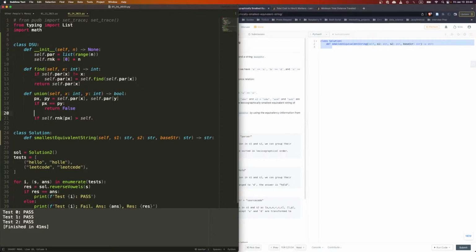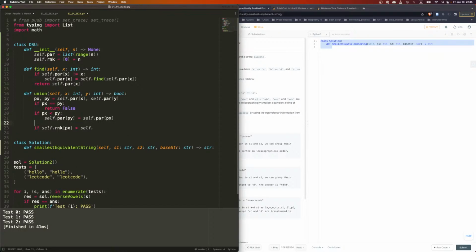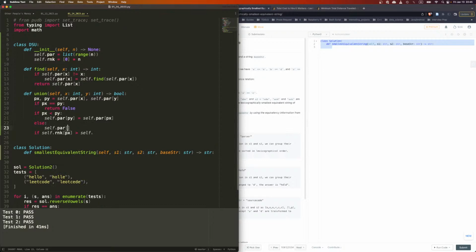Can we just say if px is smaller than py, then self.parent[py] equals px, else self.parent[px] equals py.